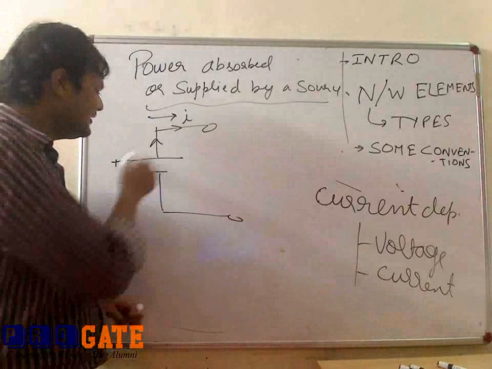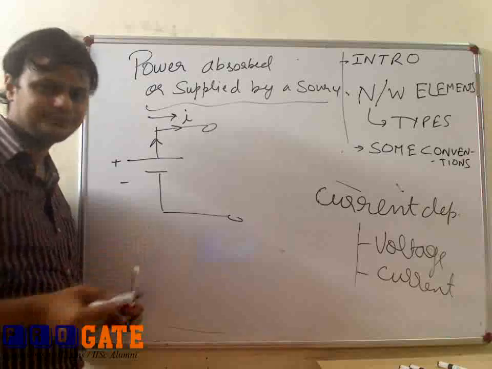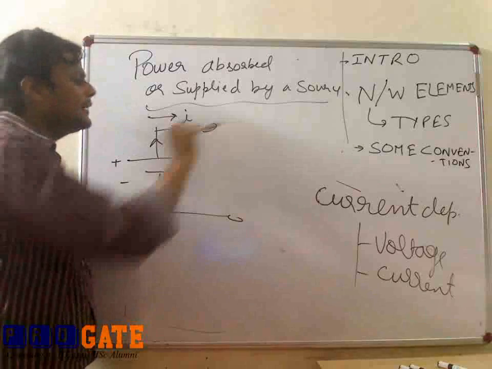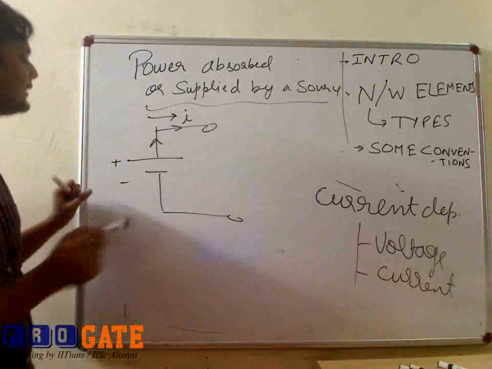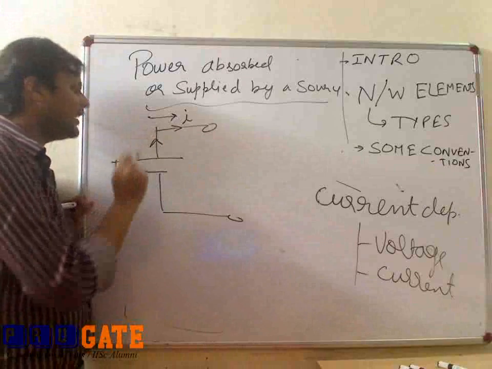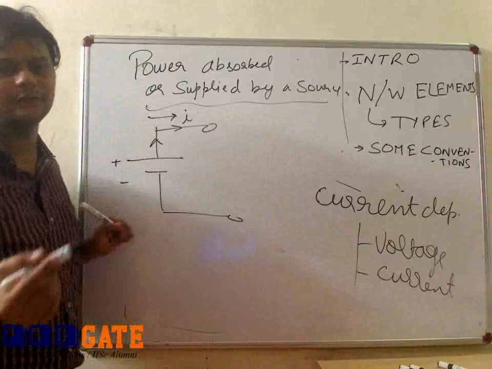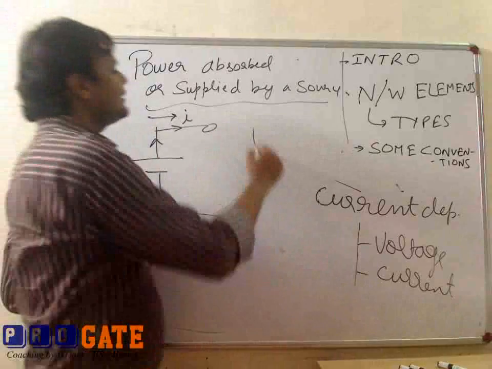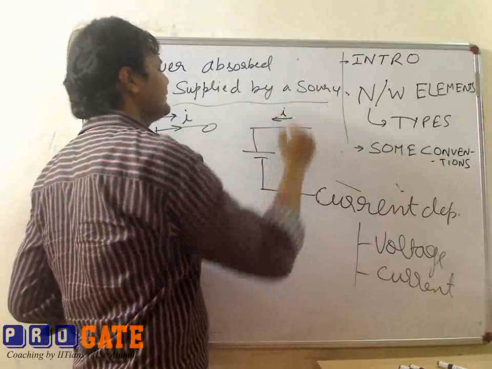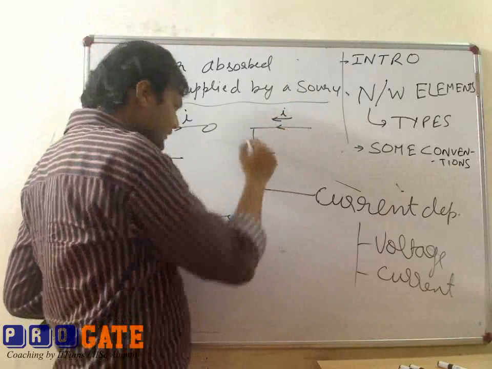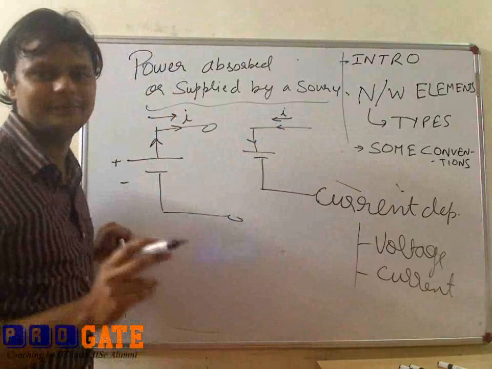This source may be an independent source as well as a dependent source. If it is supplying the current to us, then we will say it is supplying the power to us, but the direction of current should be outward from the positive terminal of the voltage source. If the case is opposite, if the current direction is like this, then we will say this battery is charging and it is absorbing the power.